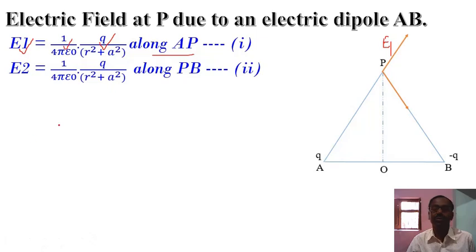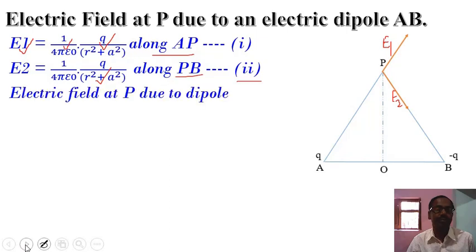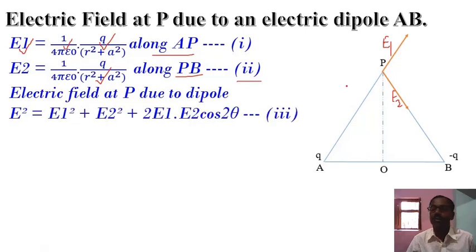Similarly, E2 equals, according to Coulomb's law, 1 by 4 pi epsilon naught, Q by r square plus a square. This is equation number 2, and it is along PB. We complete the parallelogram again for the electric field at P due to the dipole.